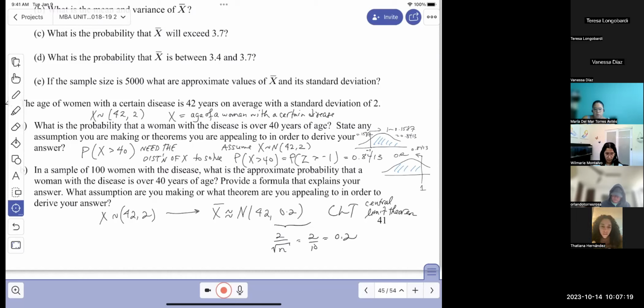I did not assume. What I did was look at the sample of the women now. I feel like there's a word missing here that maybe is confusing, but this is the age of a woman, and this would be the average age of a woman in the sample.